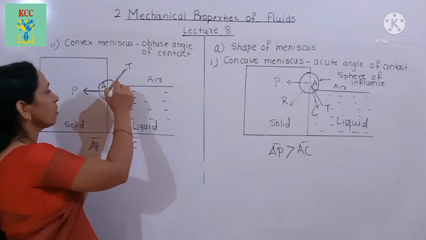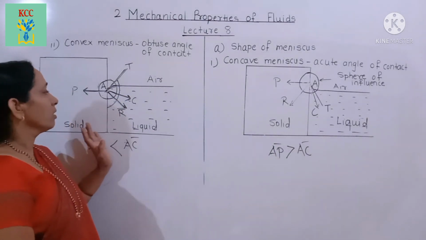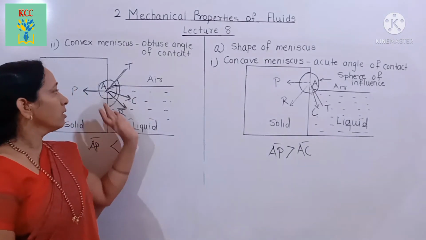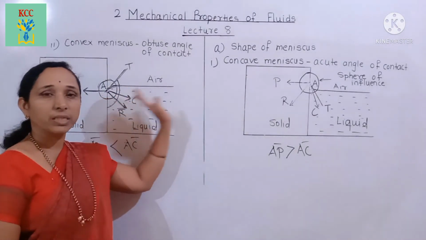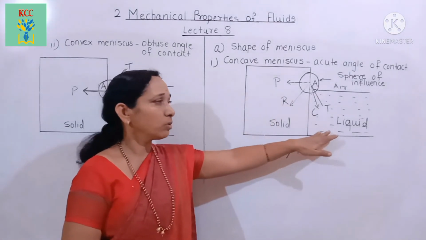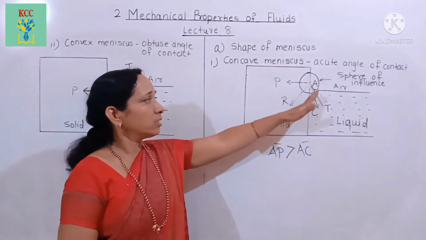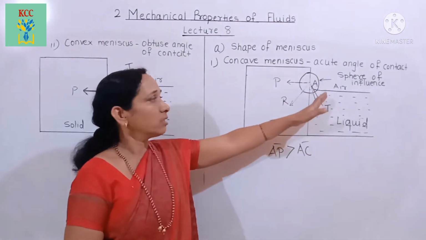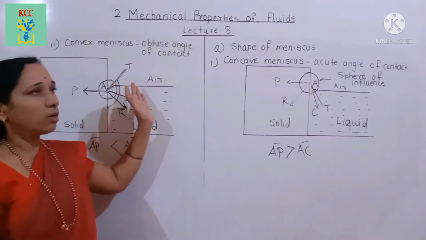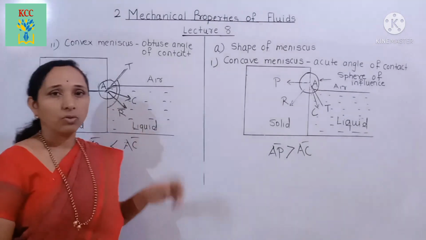Here the angle of contact is obtuse, and therefore for the mercury glass liquid surface the meniscus becomes convex, and for the kerosene glass the angle of contact is acute and the meniscus is concave, and in this case the angle of contact is obtuse and the meniscus is convex.